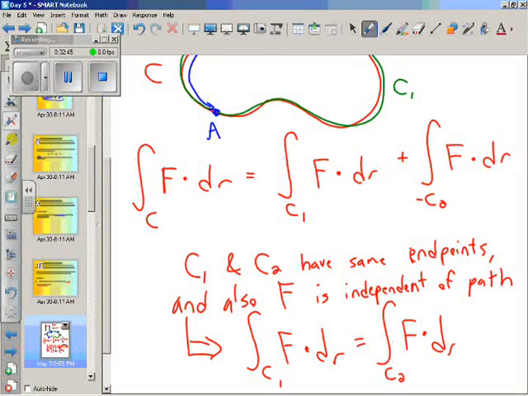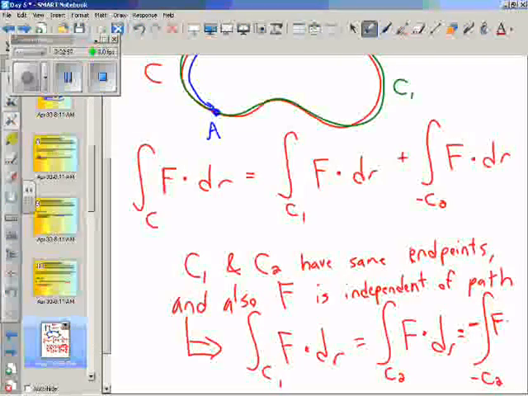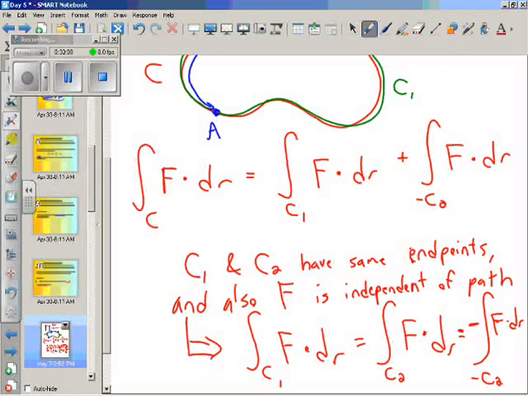And if we go into reverse orientation, all we're going to do is pick up a negative. This is going to be equal to negative times the integral along negative C2 of f dr.